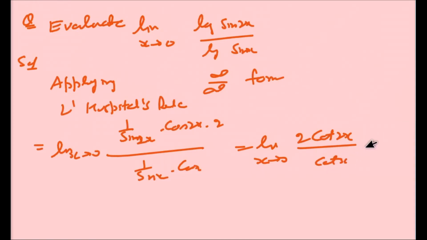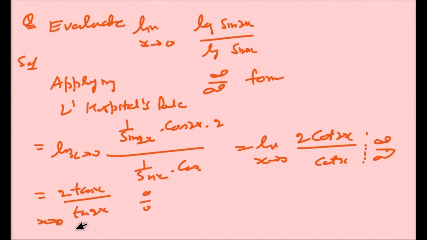Now we can see here, this is in the form of infinite upon infinite again. So I am telling you, the process will never end if you do not change it into the form of 0 upon 0. So this is a very important point. We have changed it to tan x upon tan 2x, x tends towards 0.